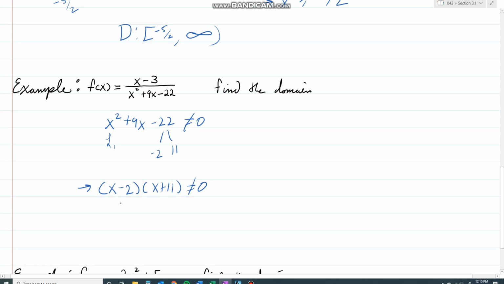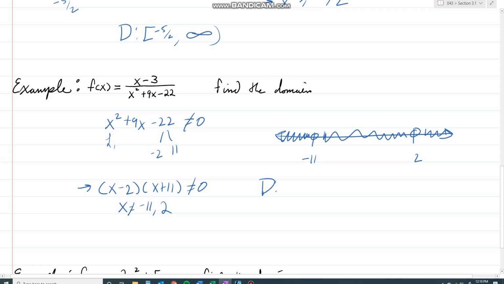When is this going to equal 0? When x equals negative 11 and x equals 2. So x cannot equal those. All right, let's draw it on a number line, and let's draw a better number line. I'm interested in negative 11. I'm interested in 2. I don't want those values, that's the point. And I want all other values included.